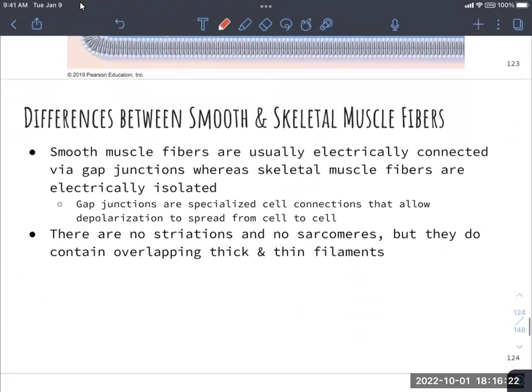Unlike skeletal muscle, where the fibers are electrically isolated, smooth muscle is electrically connected. They have gap junctions.